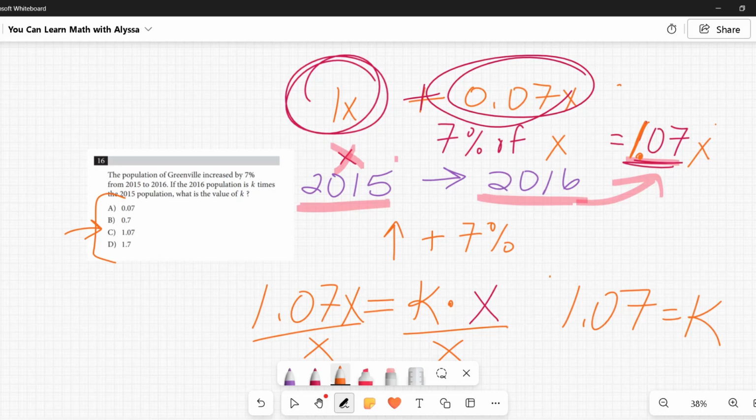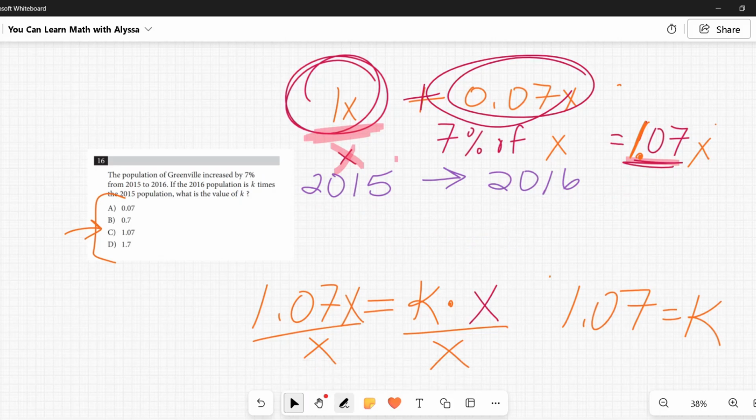So if you are familiar enough with how percentages work that you can do it in one of these methods, either by plugging stuff in and solving for k, or by just looking up here and going, okay, it's 100% of the 2015. Let me write that under there, make this a little clearer.